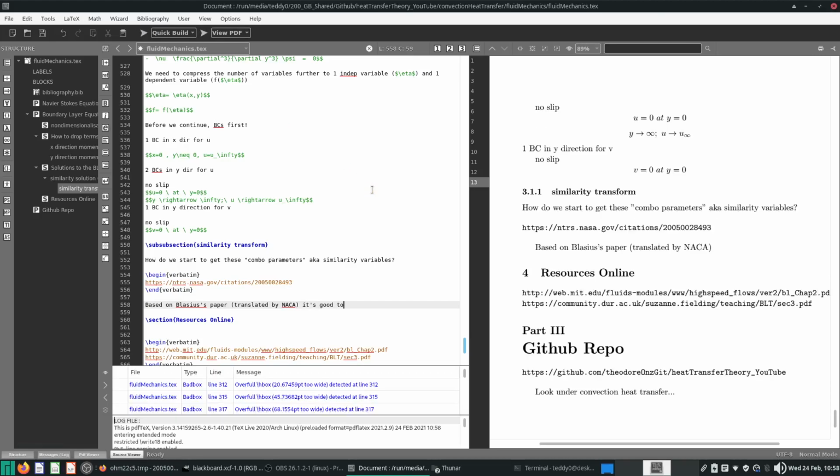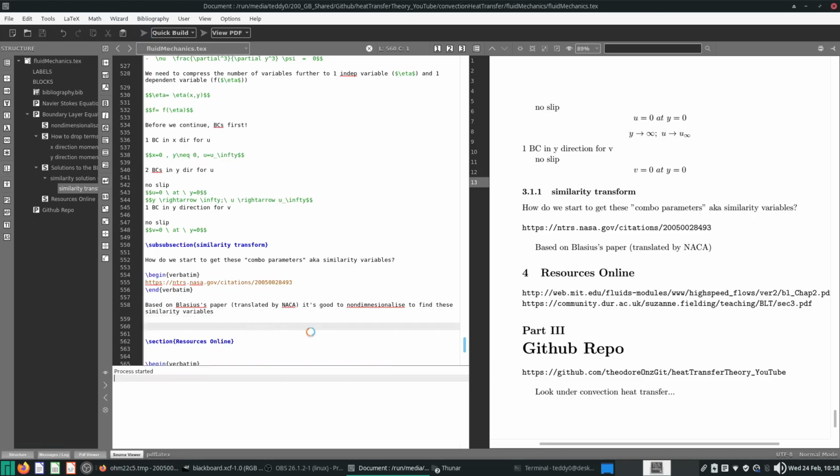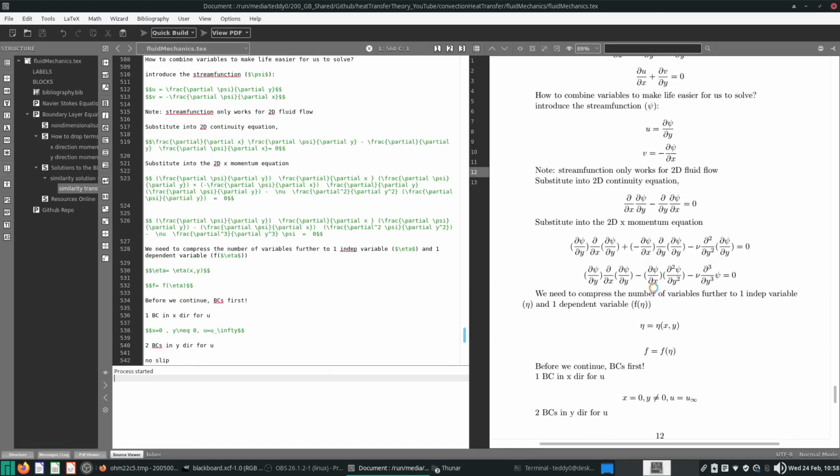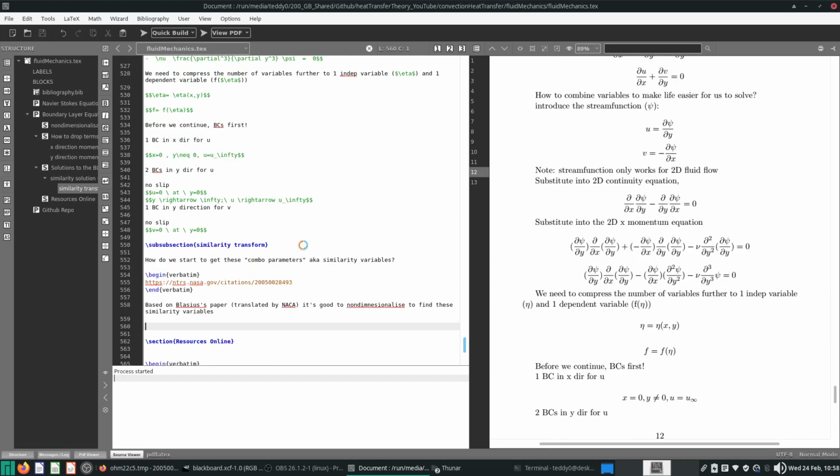It's good to non-dimensionalize to find these similarity variables. Okay, so that's what we need to do. So let's do some non-dimensionalization.